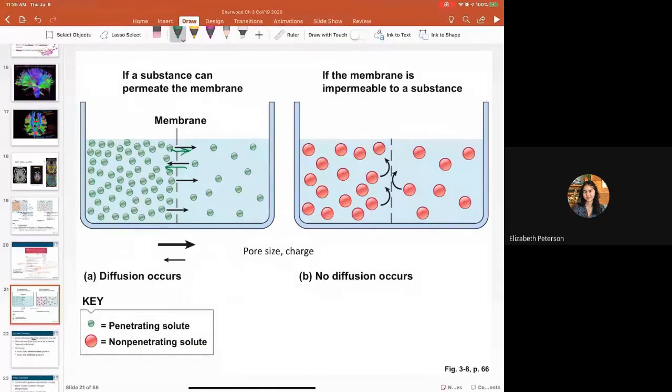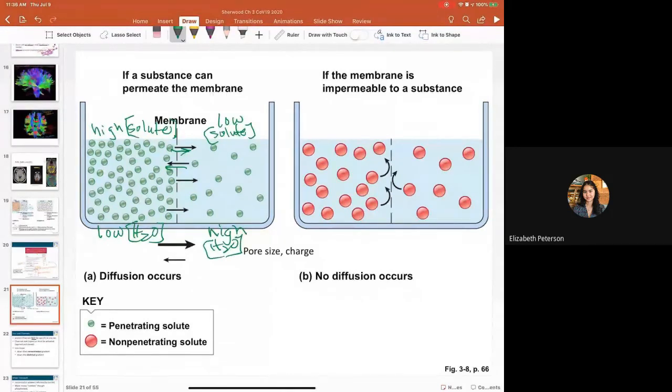So number one, we've got high solute, so therefore we have low water concentration. We've got low solute, so we've got high water concentration.